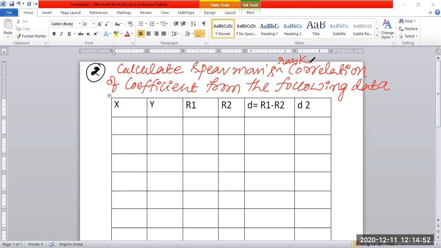The first question, X column and Y column.